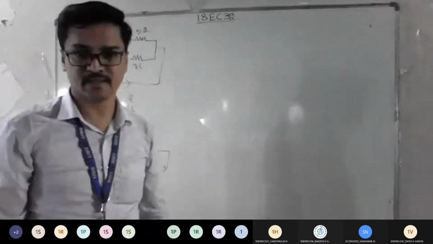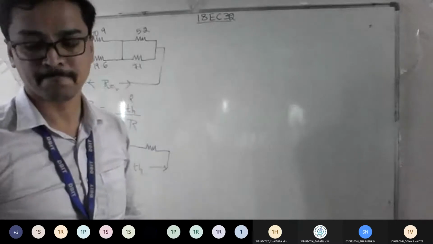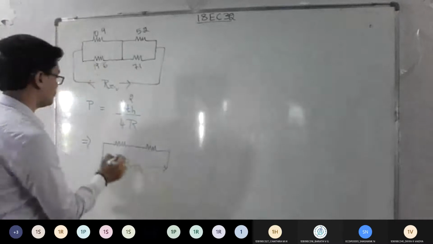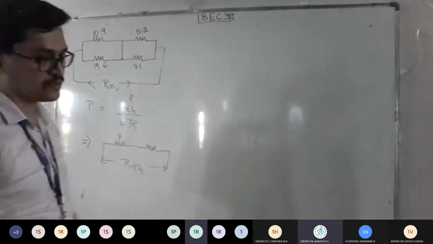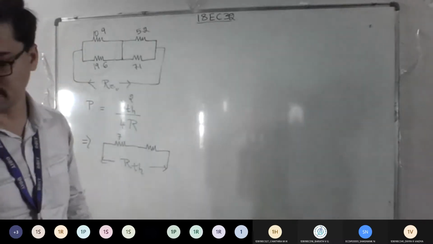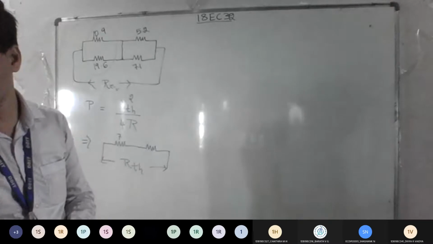Just use your calculator and tell me the answer. Seven, sir. Exactly 7. Yes, 7.004. Okay, we can take 7, not an issue, because it's only 0.004. So go ahead with the next one.